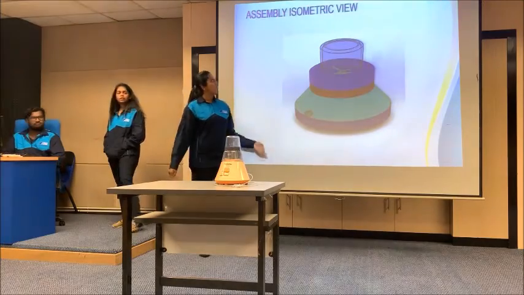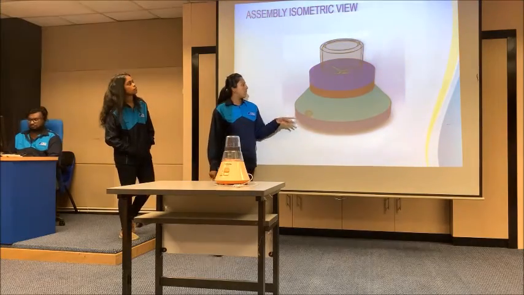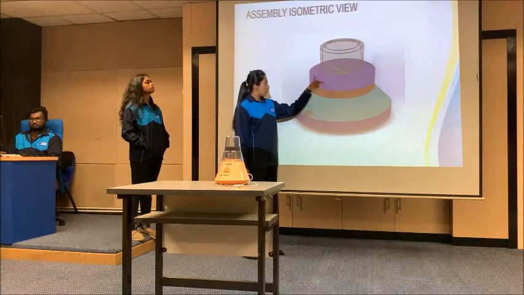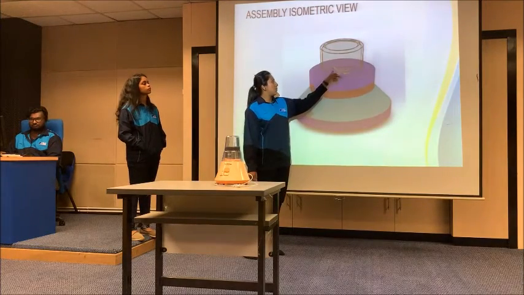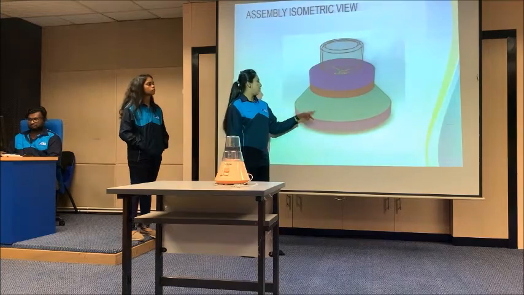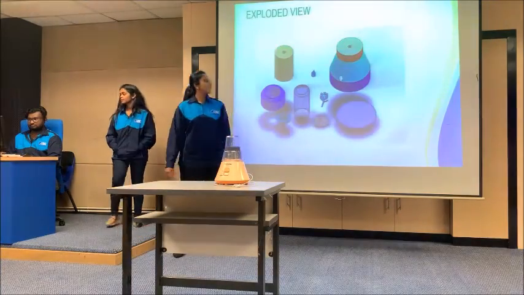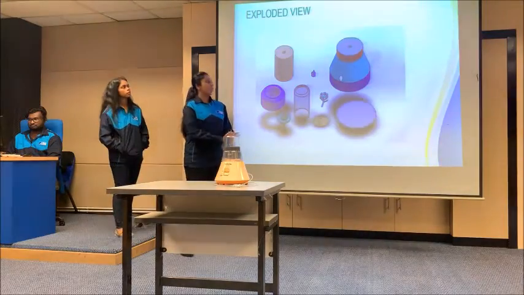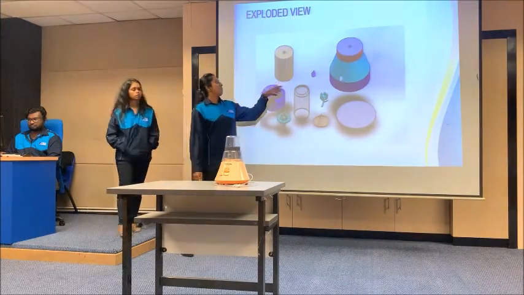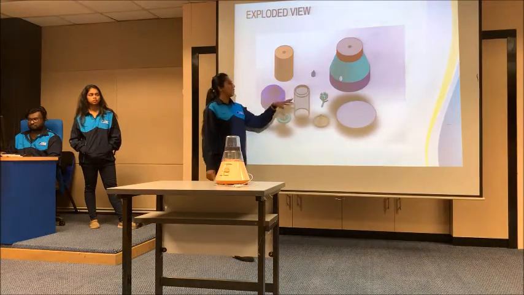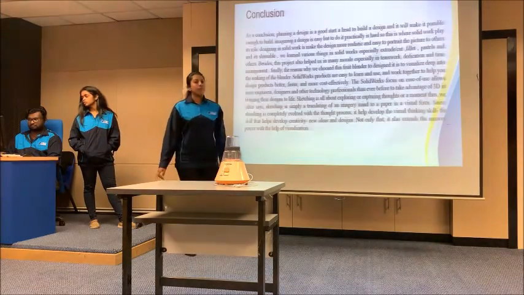Okay, this is the complete part of our blender, whereby this is our base content here, and then our inner parts with the cover and the switch and more. This is the exploded view of our blender, whereby it contains 9 parts, which is completed with the isometric view.